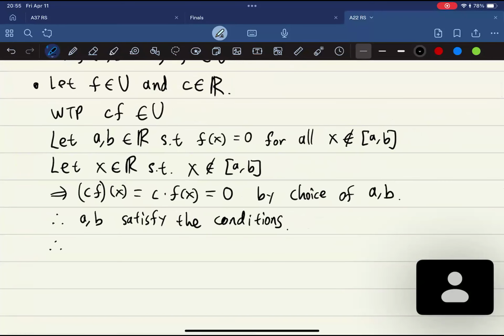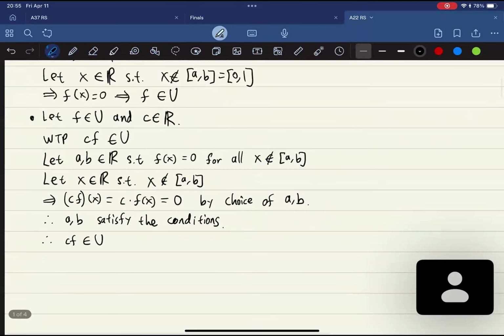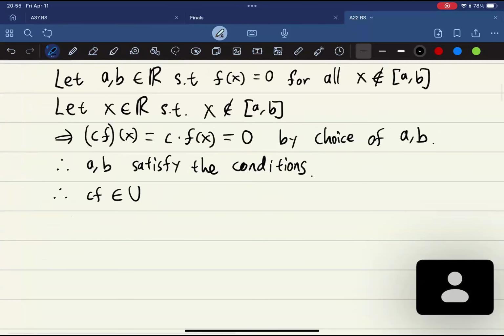And hence, cf is also in U. So yeah, that's what we're going to do for the second one. Yeah, you've got the right idea there, Aman.